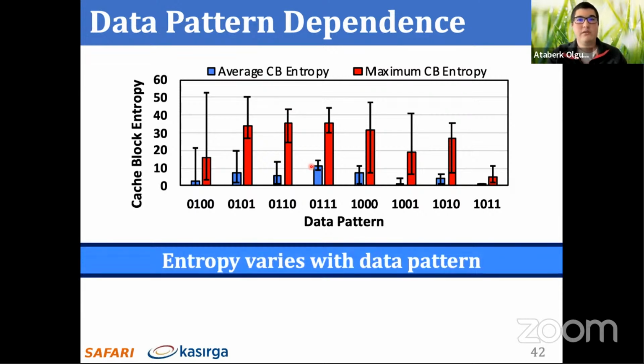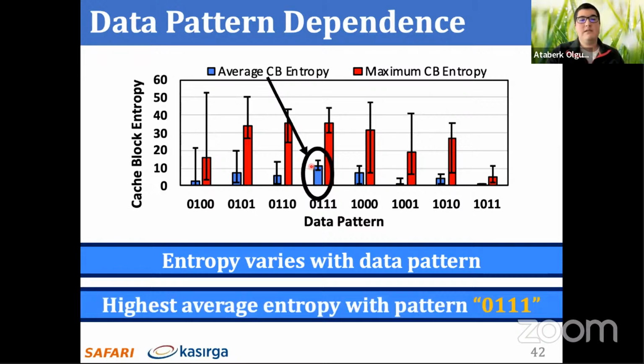We also exclude the other 8 data patterns that cannot generate significant amounts of entropy in cache blocks from this figure. And we observe that the 0111 data pattern results in the highest average entropy across all modules.